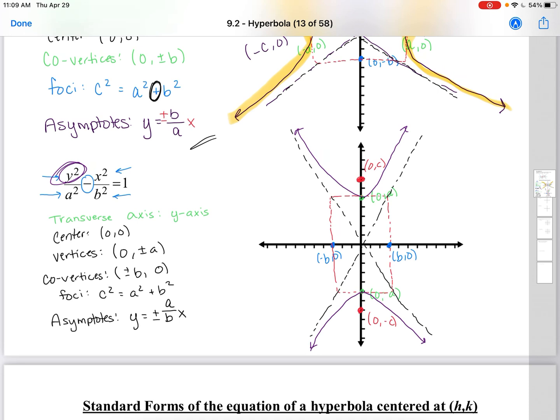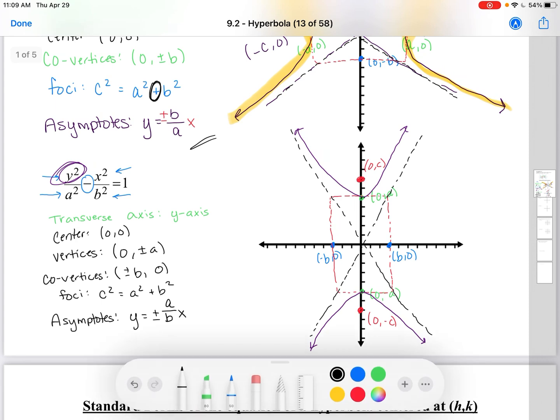My asymptotes in the first graph had plus or minus b over a, whereas my asymptotes in the second graph had plus or minus a over b. And again, if we don't know how to find those or we don't remember the function, just stick to the basics.